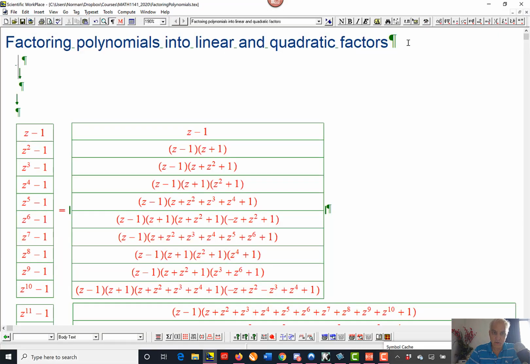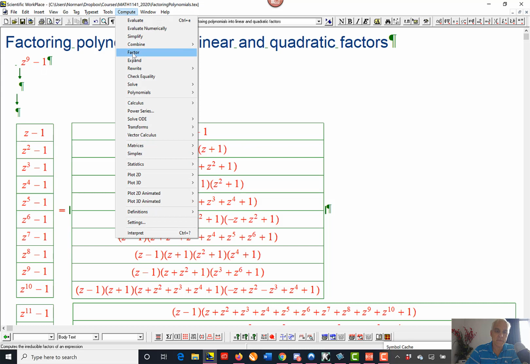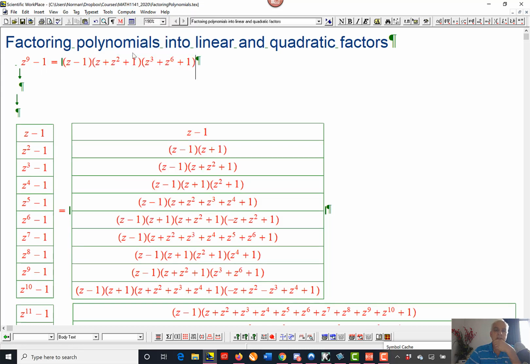Okay, so I do want to show you what happens in a special case here, just to solidify what's going on, and maybe also to suggest lots of interesting things that you can actually try to think about yourselves. So if we take z to the 9 minus 1, which is down here, that's corresponding to the 9th roots of unity. If we factor this, then we see these three factors.